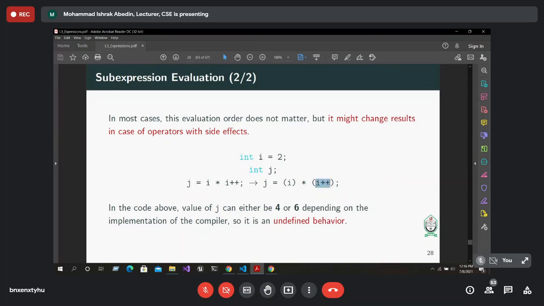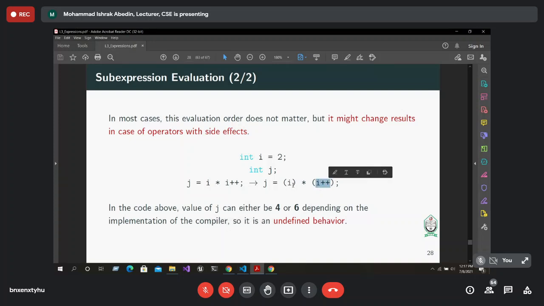If you write it like ++i, it will be 3 here as well. So each sub-expression can be evaluated as another value, a numerical value. So if you write i++, i will become 3, but this expression will be evaluated as 2.